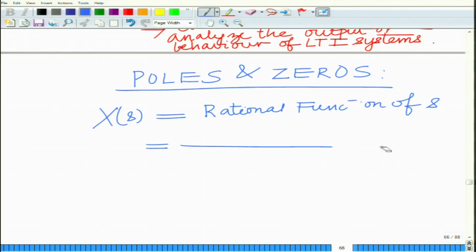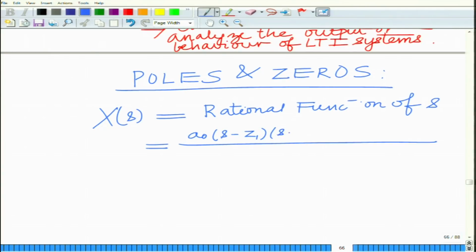So, this is going to be of the form a0 (s minus z1)(s minus z2) ... (s minus zm), or let us write it this way: a0 s^m plus a1 s^(m-1) plus ... am, divided by b0 s^n plus b1 s^(n-1) plus ... bn.